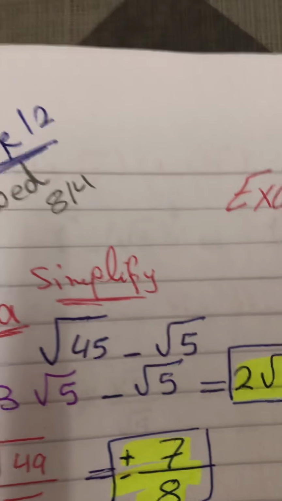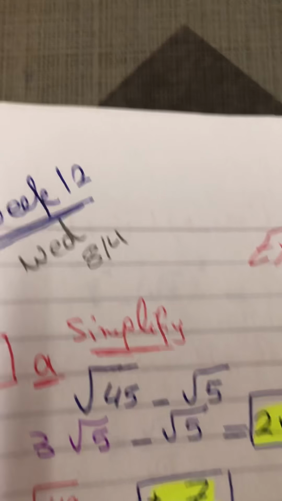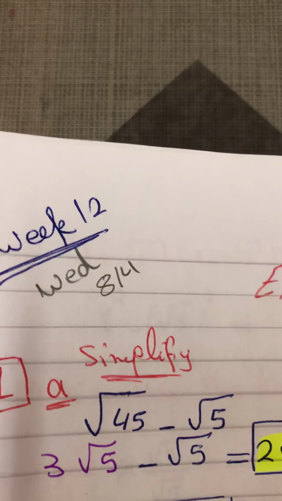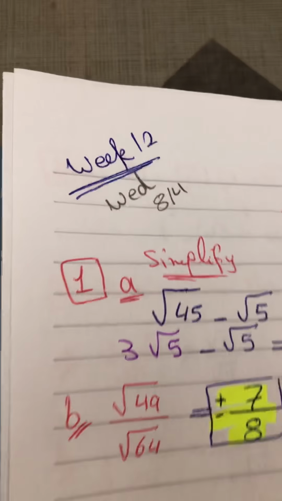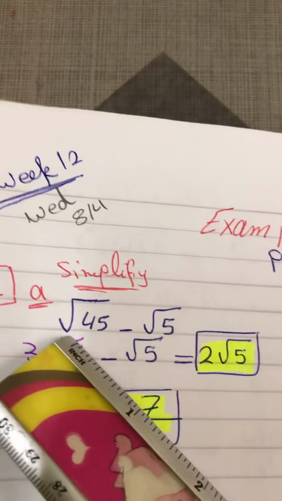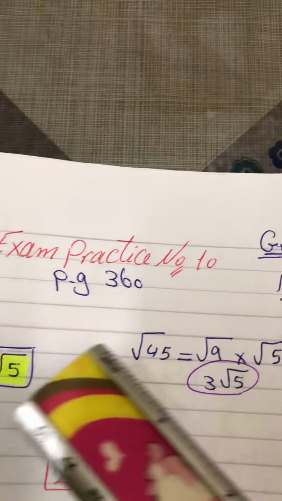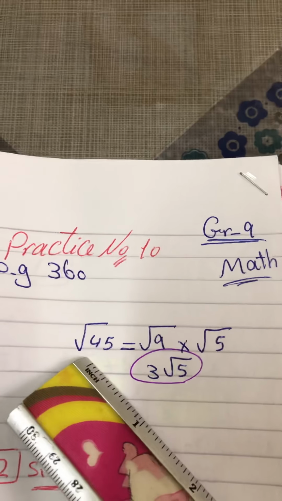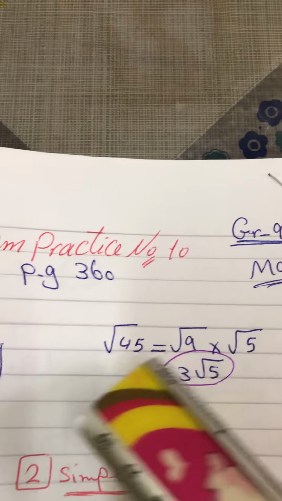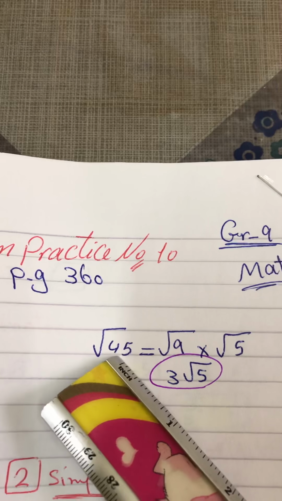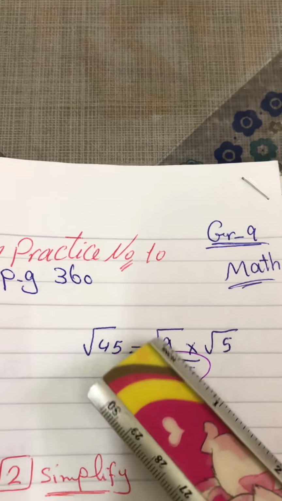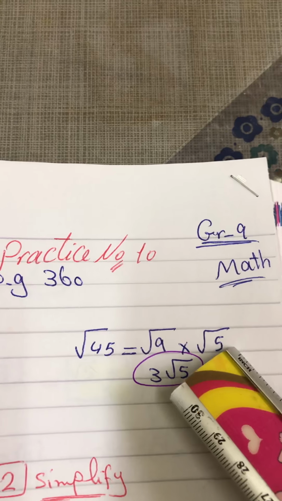Let's see. Here I have square root 45 minus square root of 5. Let's take this 45 and factorize it into 9 times 5. As you know, we can separate the numbers under square root into two square roots multiplied with each other.